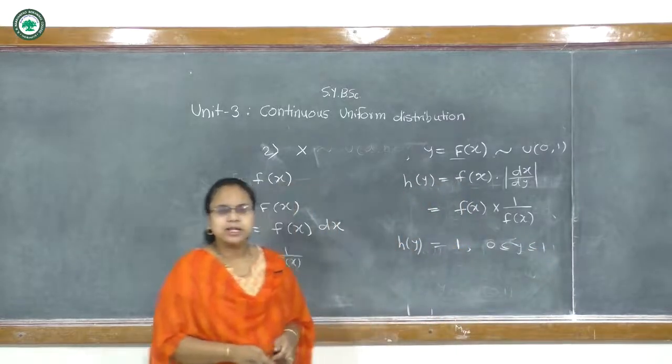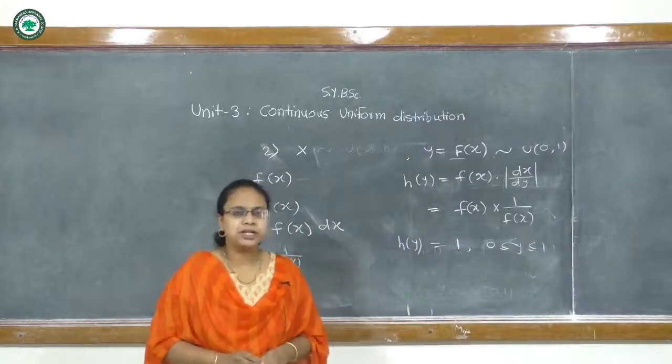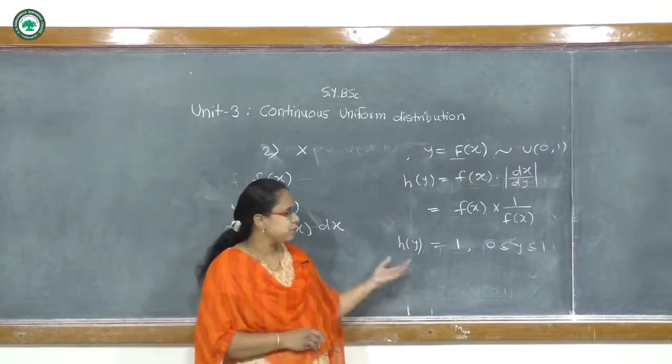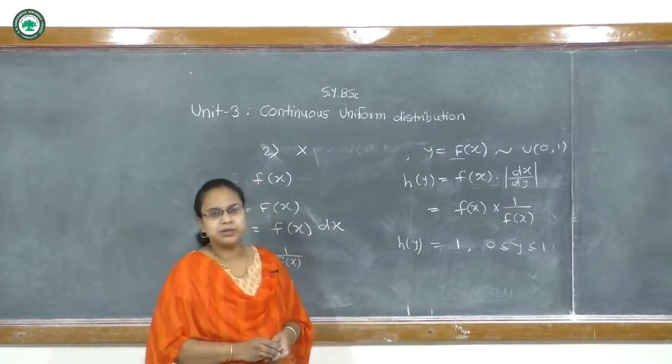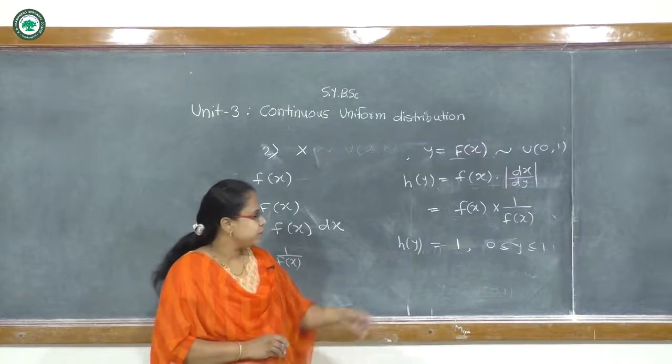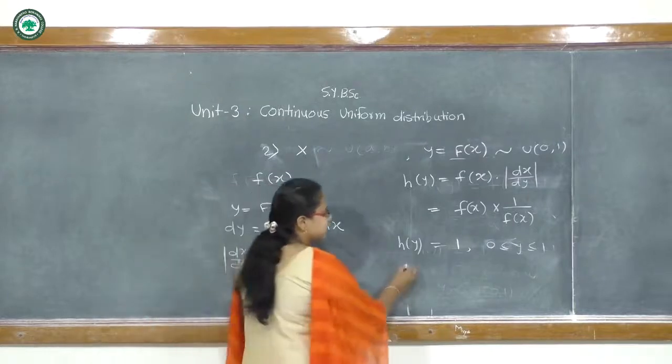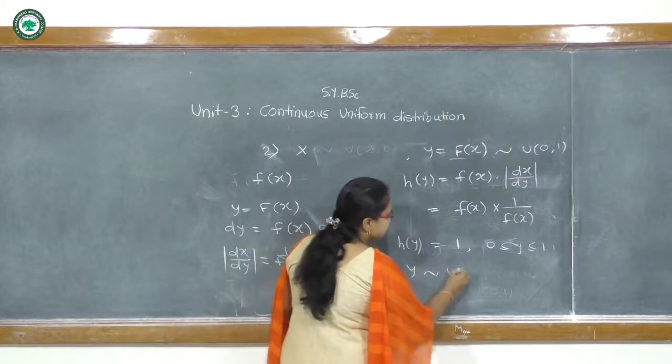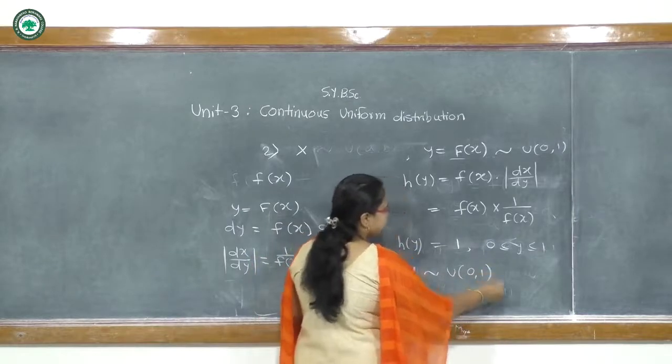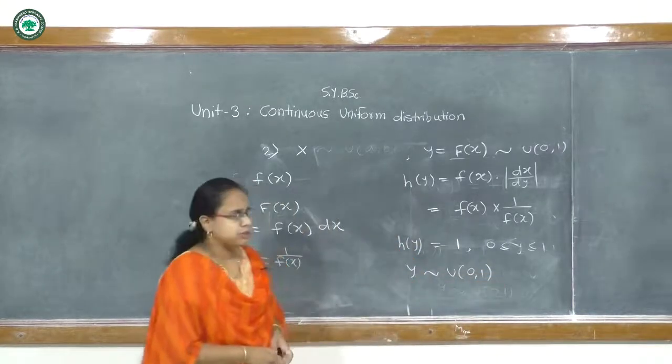Because y is a CDF, it is actually a probability and it always lies between 0 and 1. So here we can see that y follows the uniform (0, 1) distribution.